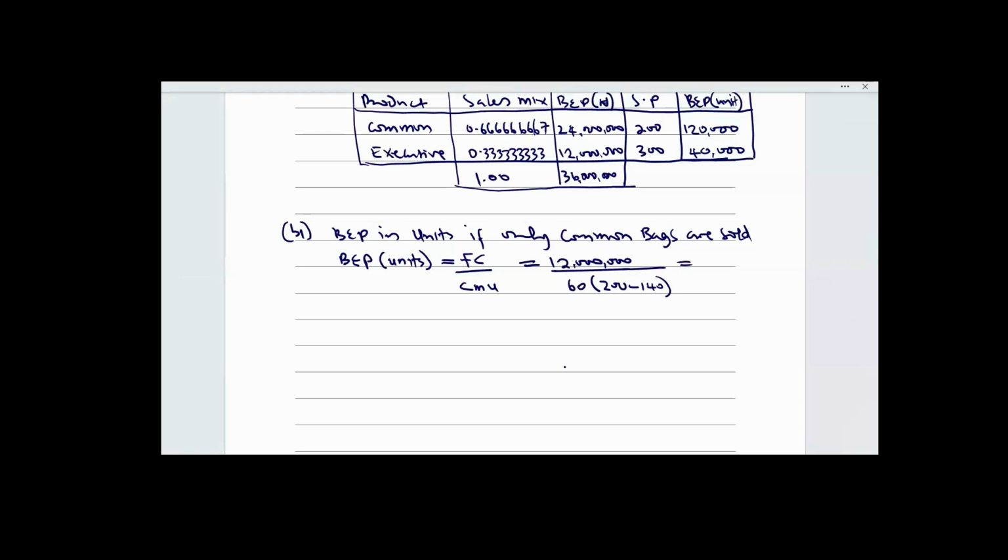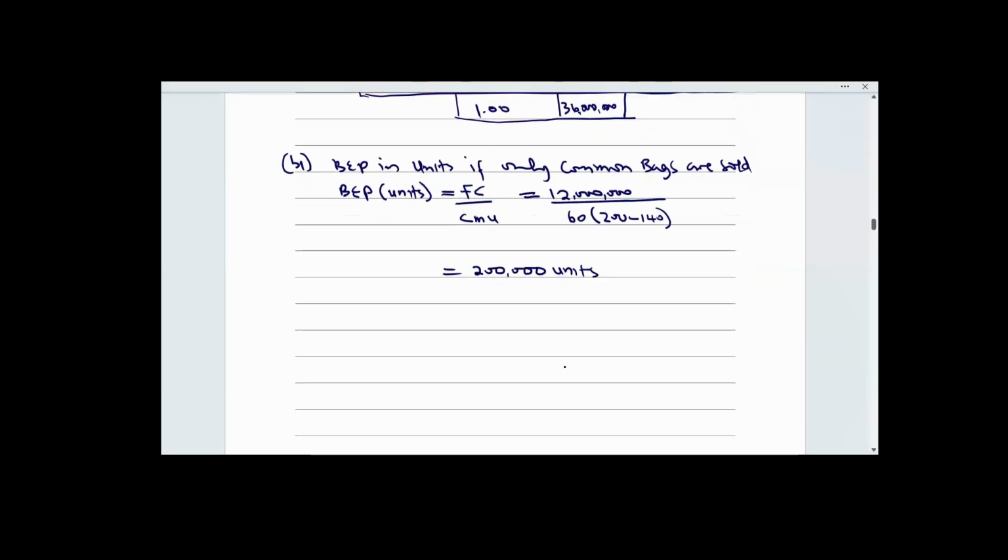Therefore, 12 million divided by 60 naira is 200,000 units. Then B2.